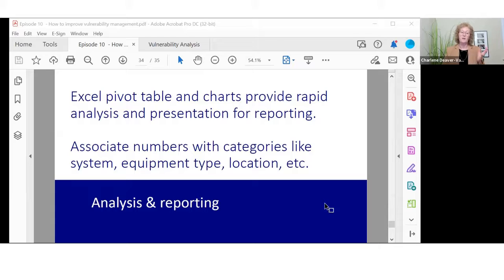That's another thing that always surprised me, that people have a 32-bit version of an application on a 64-bit operating system. But do that, and this will go really quickly for you. And you're going to associate numbers with categories like systems, equipment type, location, office, however it makes sense to organize it in your environment.